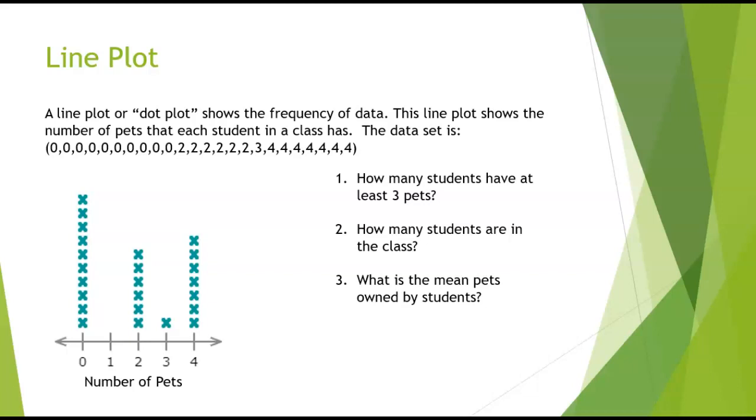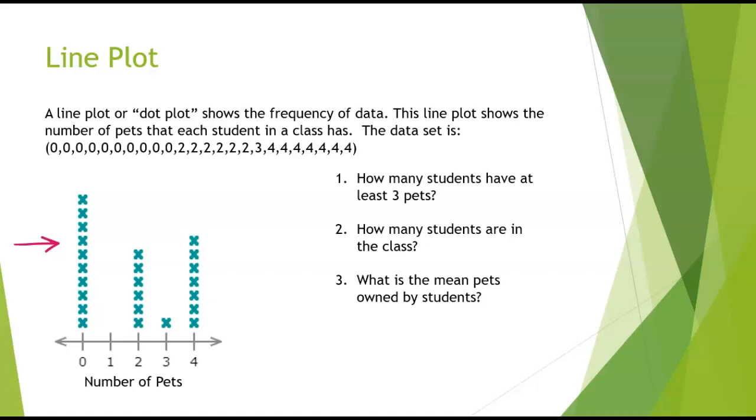The question was, how many students have at least 3 pets? So here we've plotted our data on a line plot. For each one of these data points, we put an X.